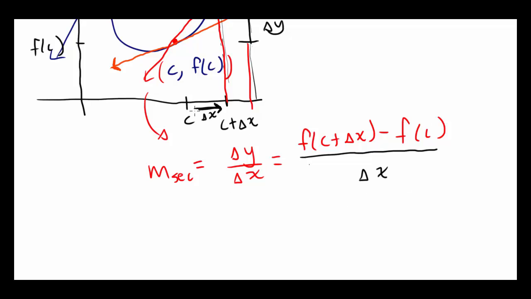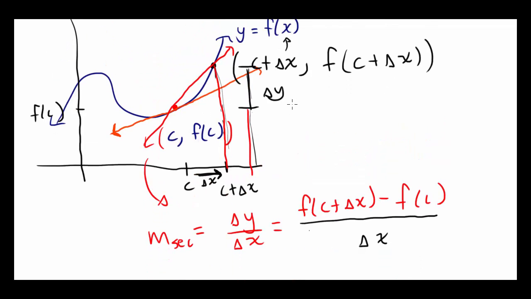So how can we find the slope of the tangent line at x equals c? Well, we can do that by making this delta x approach 0. If this delta x is 1/2, the point is going to be 1/2 away from c. If this delta x is 1/4, it's going to be 1/4 away from c. If this delta x is 0.00001, this point is going to be very close to x equals c, and you are going to get a better and better approximation of the slope of the tangent line.